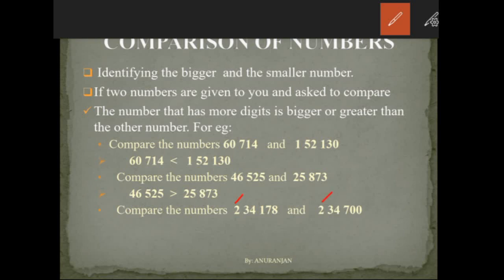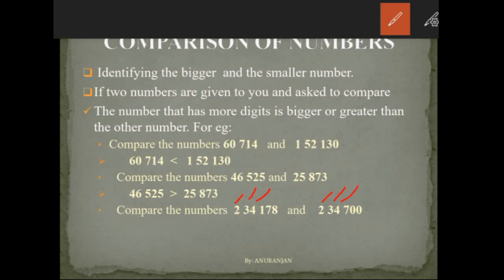What is the leftmost digit of the first number? 2. What is the leftmost digit of the second number? 2. So both the leftmost digits of these two numbers are 2. So we'll shift a little towards the right and see the next digit. It is 3 and here also it is 3. So we move again a little further to the right.